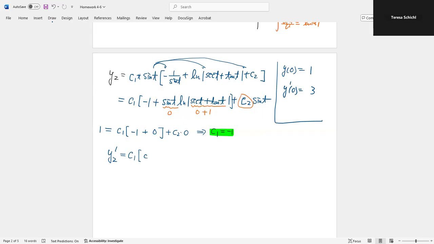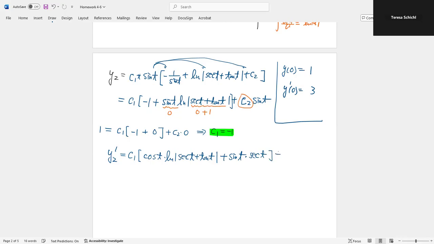Product rule, so this is cosine t times ln secant t plus tangent t, then plus sine t times the derivative of this one, which will just be secant t, because we just integrated to get here.